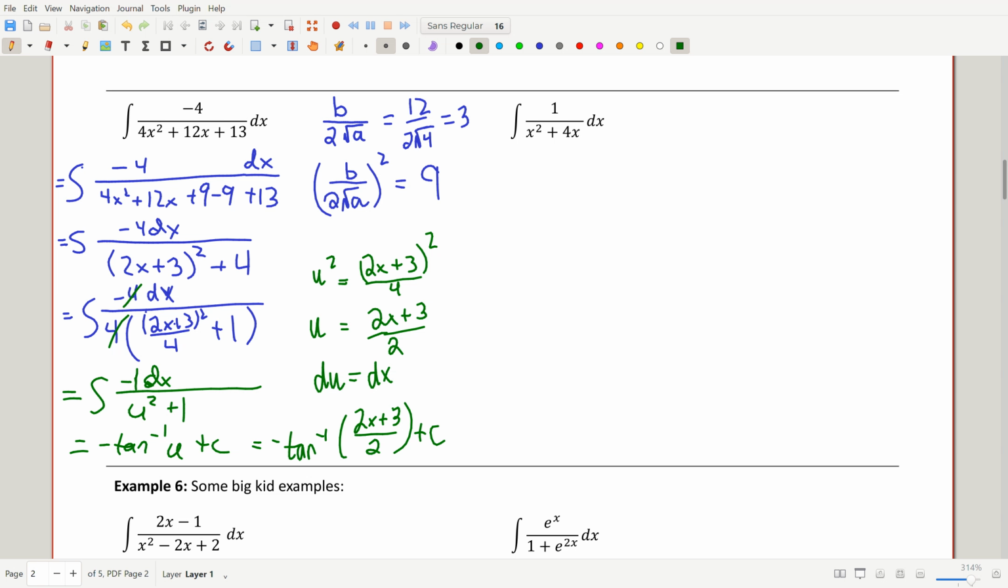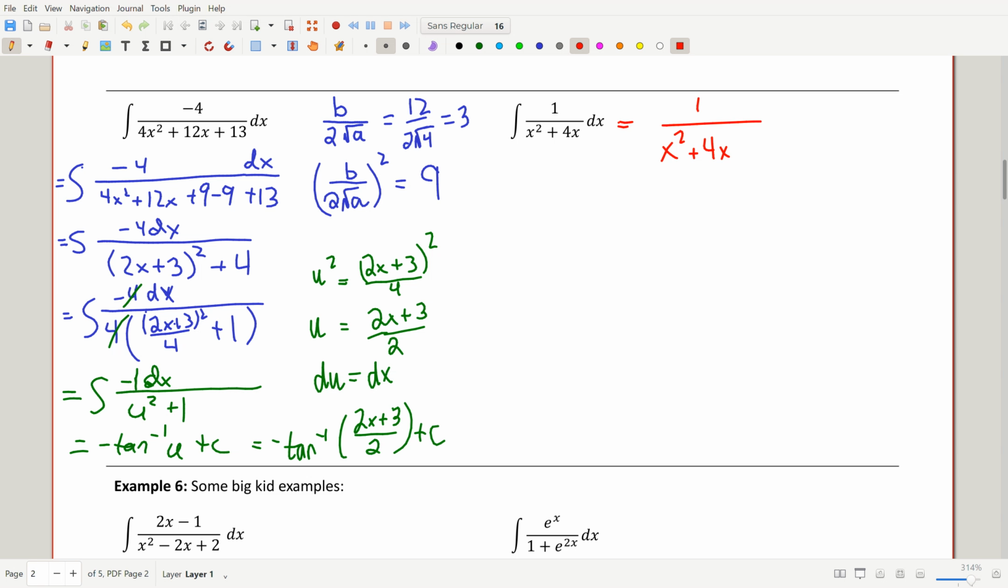And then last but not least, believe it or not, this example, at least for example 5, isn't going to take super, super long because when we go to complete the square here, I don't have a coefficient in front of x squared, so that is going to make it easier. So when I go to complete the square, I get the integral of 1 over x squared plus 4x. There's no constant, so I don't have to put anything back here. I'm going to cut this in half and then square it to figure out what my fancy form of 0 is.